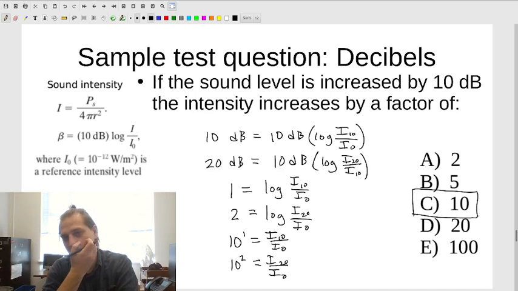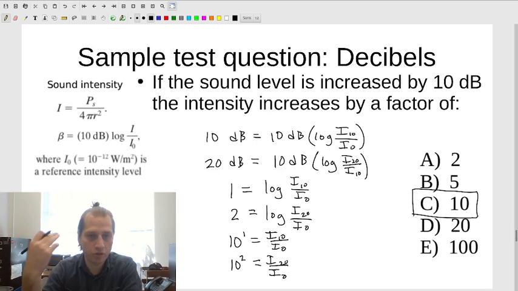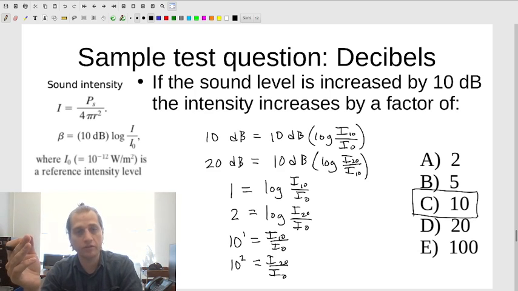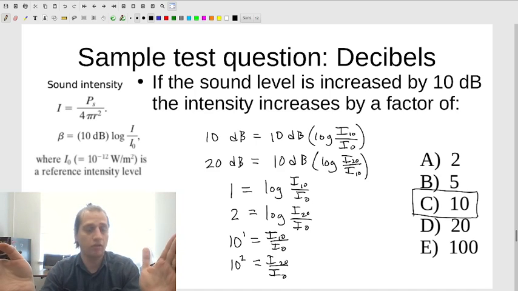So that's a little surprising. If you go from 10 to 20, you've increased it by a factor of 10. If you go from 20 decibels to 30 decibels, you've increased by a factor of 10 again, and so going from 10 to 30, for instance, would be increasing by a factor of 100.